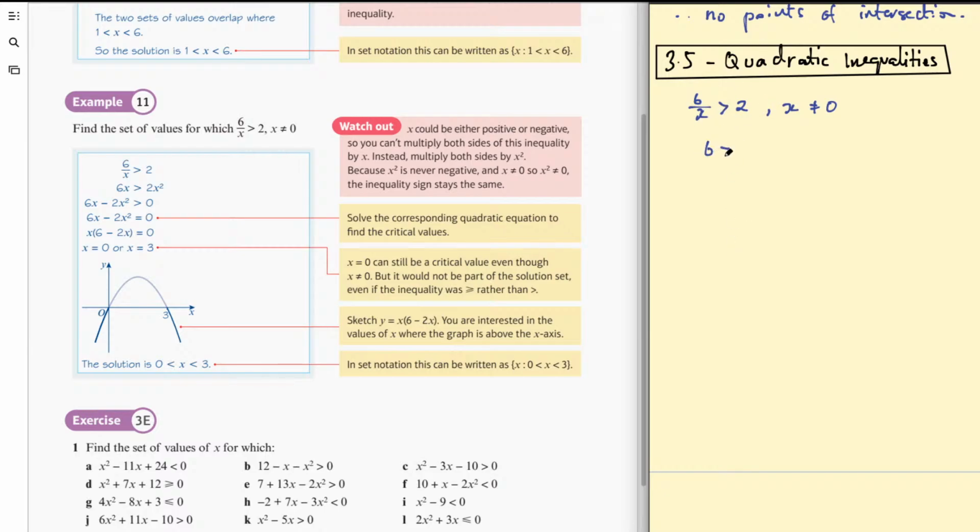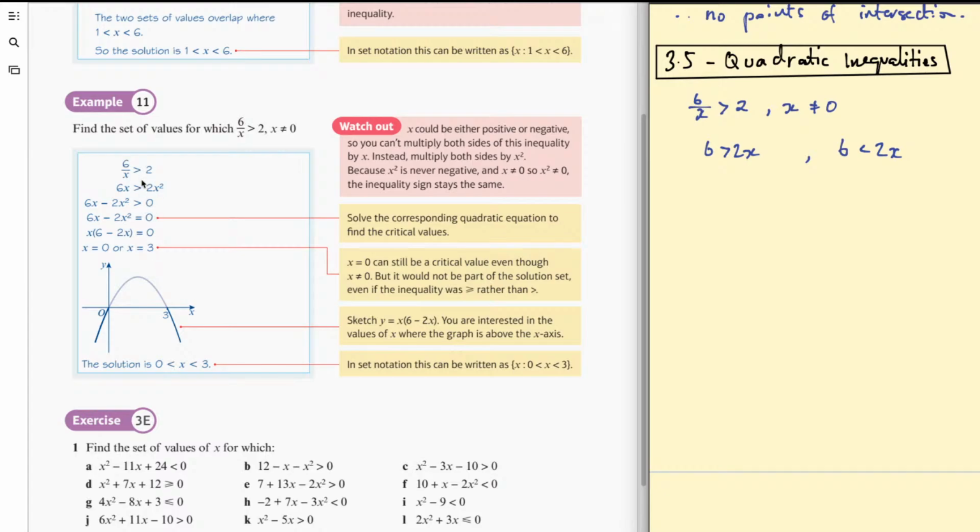So you'd have 6 greater than 2x. But we don't know if x is negative. So we would actually get two separate inequalities from this. If it's positive, then we get 6 greater than 2x. But if it is negative, then we actually get 6 less than 2x, because we have to flip that inequality around.